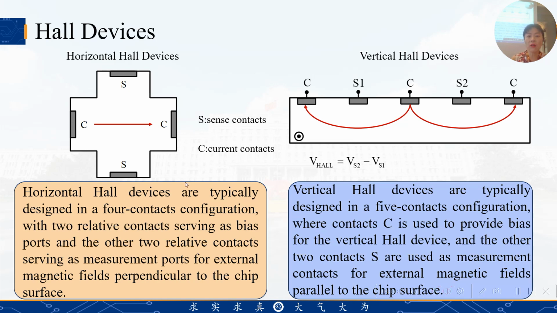This is the horizontal Hall device. Vertical Hall devices are typically designed in a 5 contact configuration where contact C is used to provide bias for the vertical Hall device, and the other 2 contacts are used as measurement contacts for external magnetic fields parallel to the chip.